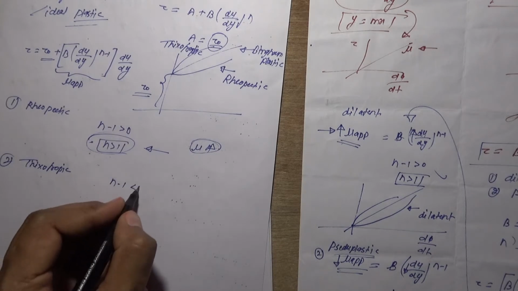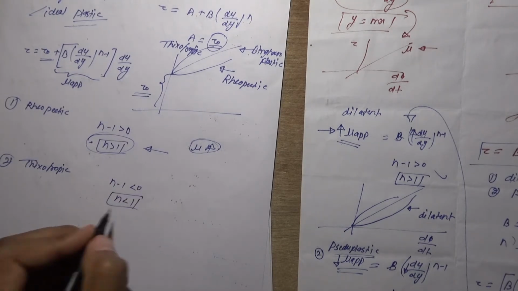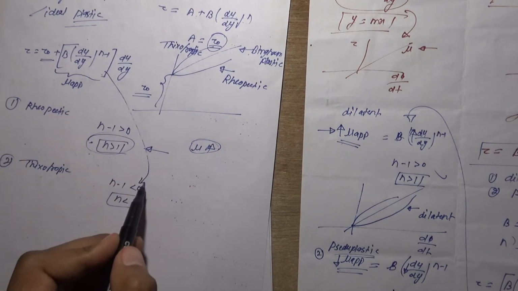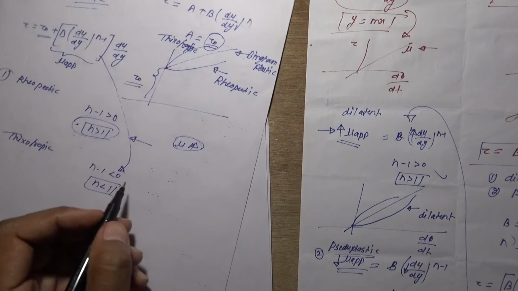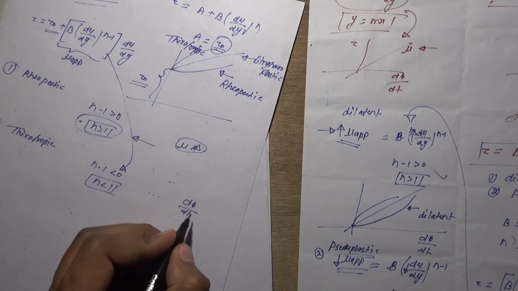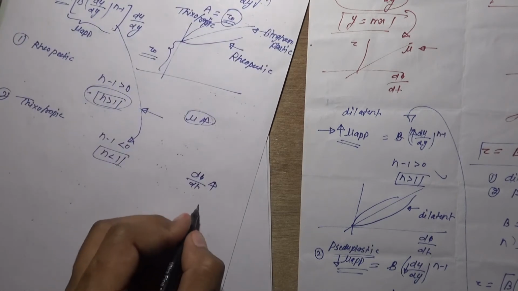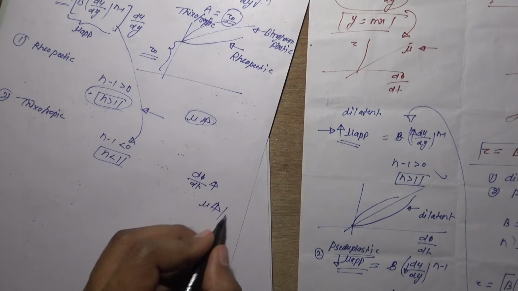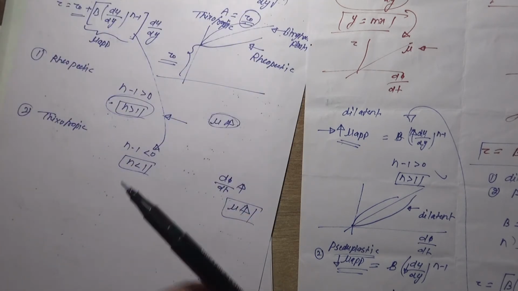N minus 1 will be less than 0, so n will be less than 1. If we put the value in this equation, then as the rate of deformation increases, mu will decrease. The best example is paint.